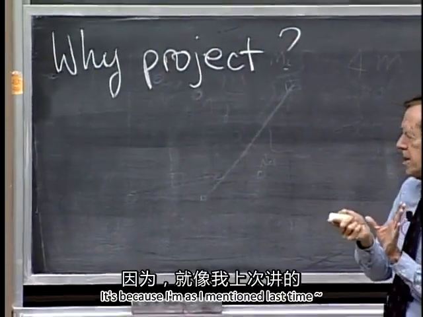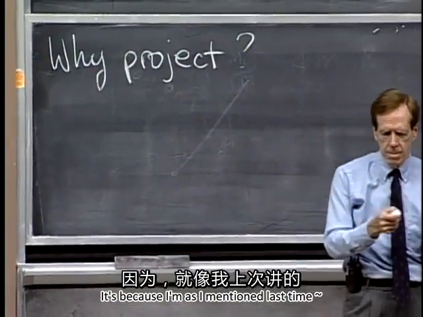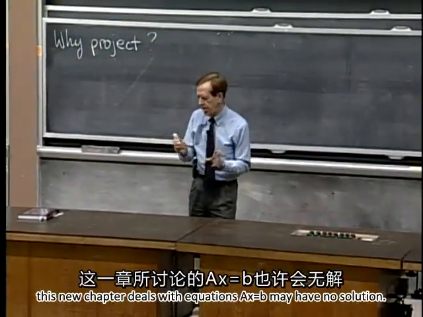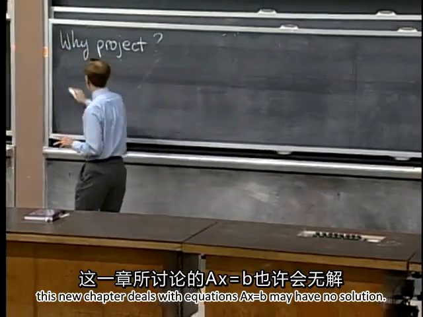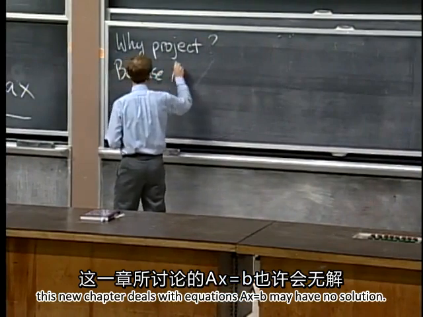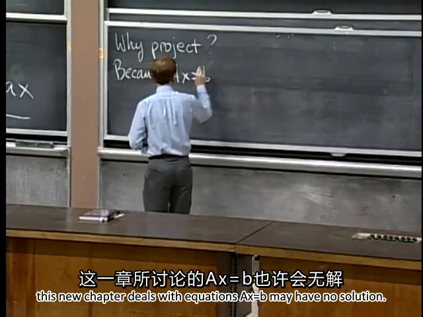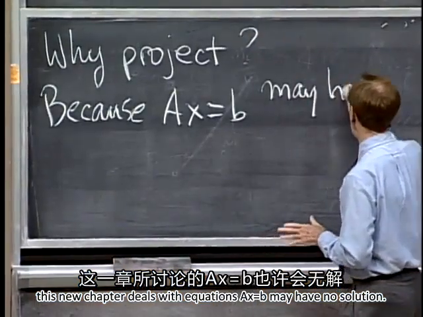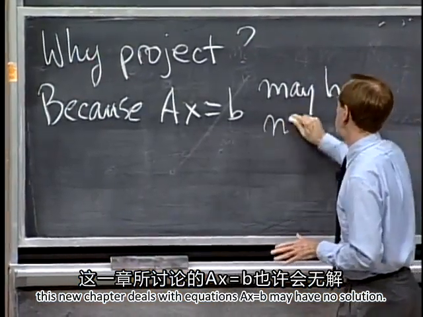It's because, as I mentioned last time, this new chapter deals with equations AX equal B that may have no solution.